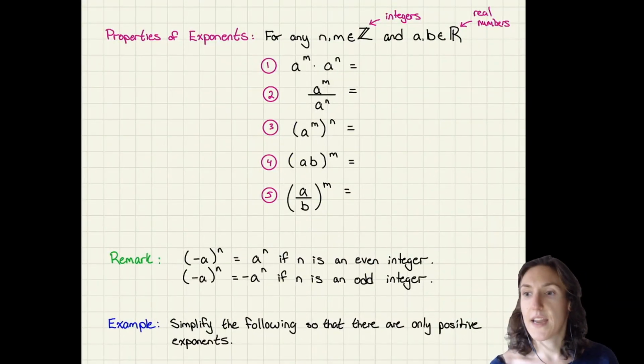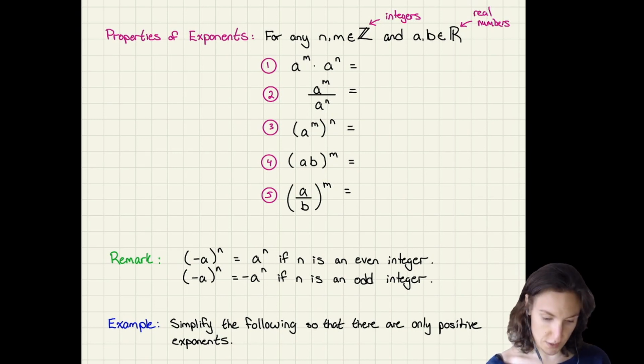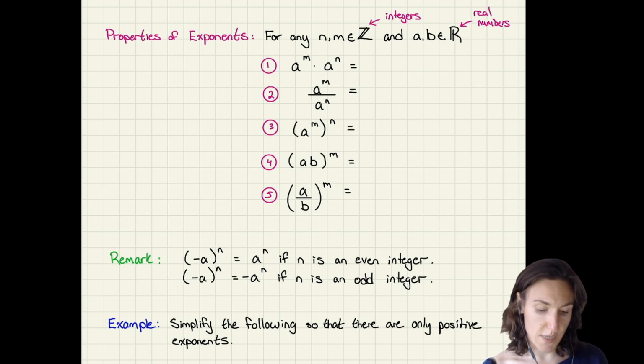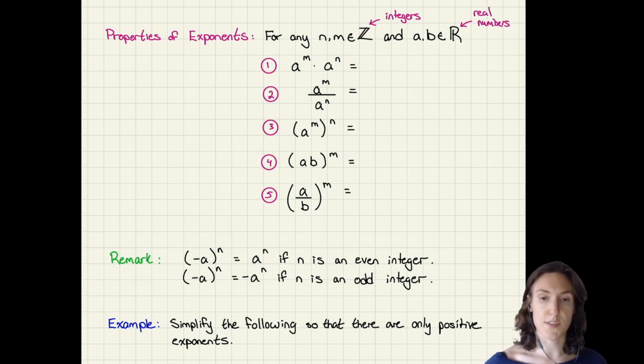All right, now we're going to look at the properties of exponents. For those of you who aren't familiar with this notation, this fancy Z just means integers, so negative 1, 0, 1, 2, negative 2, and R just means real numbers.